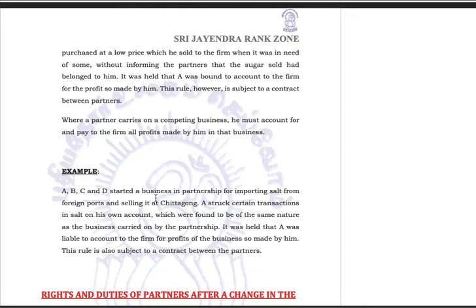A struck certain transactions in salt on his own account, which were found to be of the same nature as the business carried on by the partnership. It was held that A was liable to account to the firm for profits of the business so made by him. This rule is also subject to contract between the parties. So the firm was into salt. So while working with the firm, A got a good knowledge of the salt.